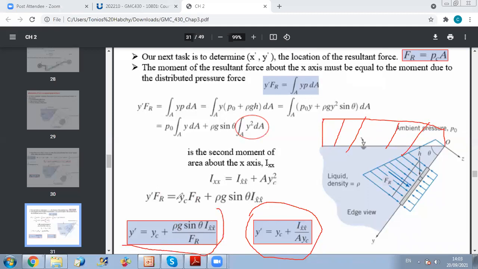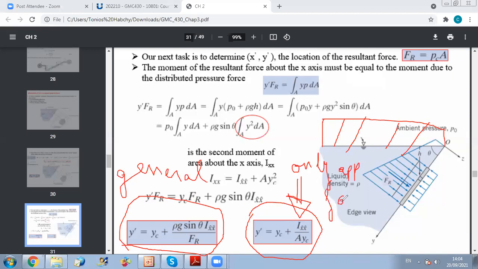This formula is always applicable. So this is a general one, and this is only applicable for negligible values of P0.